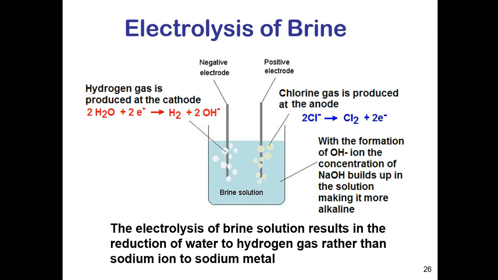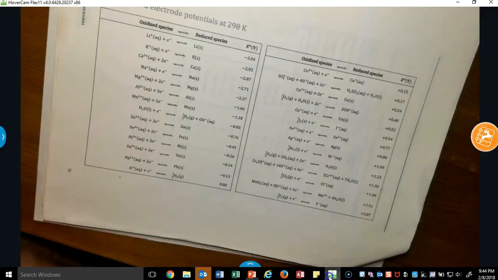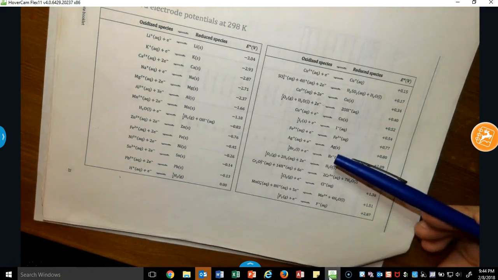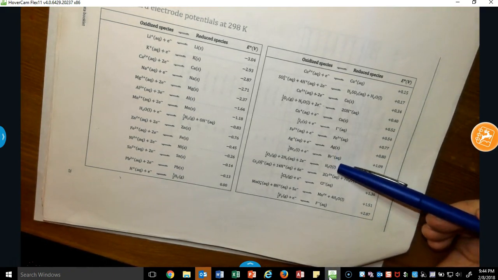So hydrogen will still win out. But we see that in the concentrated sodium chloride solution, instead of oxygen being produced at the anode, chlorine gas is instead produced.